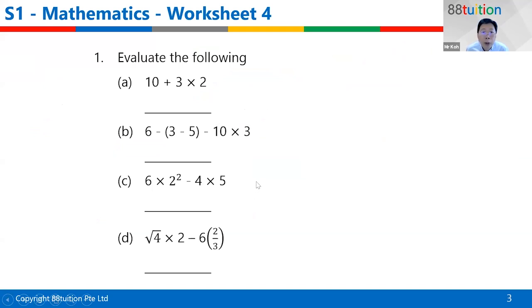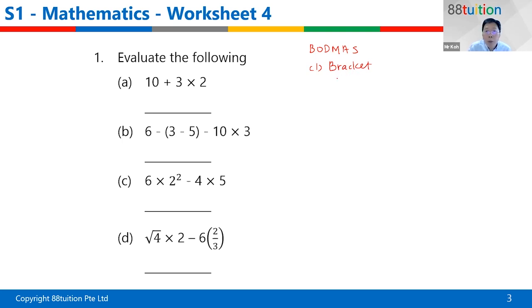All right, evaluate the following. Before I ask you to evaluate, just now we talked about BODMAS, so I'm going to go through it. What does BODMAS represent? What is the priority? When you have a bracket, that will be your priority, so you do the bracket first.